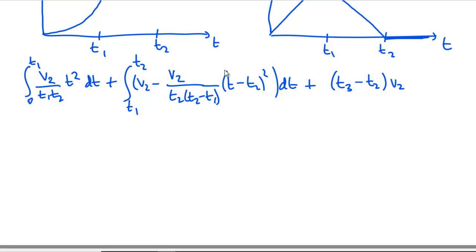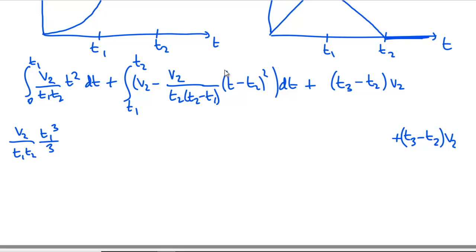At least the 0 isn't going to come into it. So we'll have v2, t1, t2, then that'll be t1 cubed over 3. So that's our first term. The last term is fine because that isn't going to change. We've already got that sorted. It's this bit in the middle that's going to be really annoying.